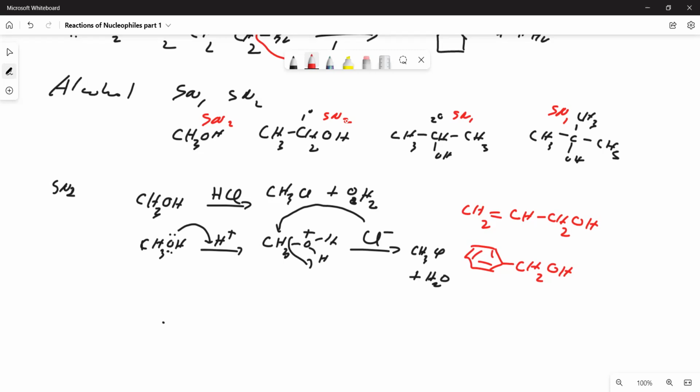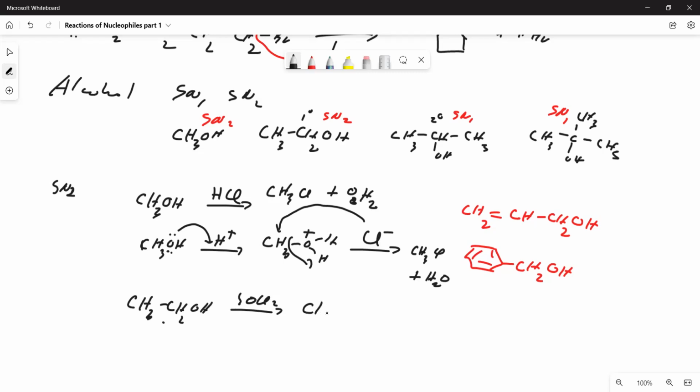Okay, so take note, the OH is usually replaced by hydrogen halide, not only HCl, but you can also use HBr or HI for substitution reaction to happen. But there are special reagents for the replacement of OH, not only hydrogen halide. For example here, ethyl alcohol, you can also use thionyl chloride.